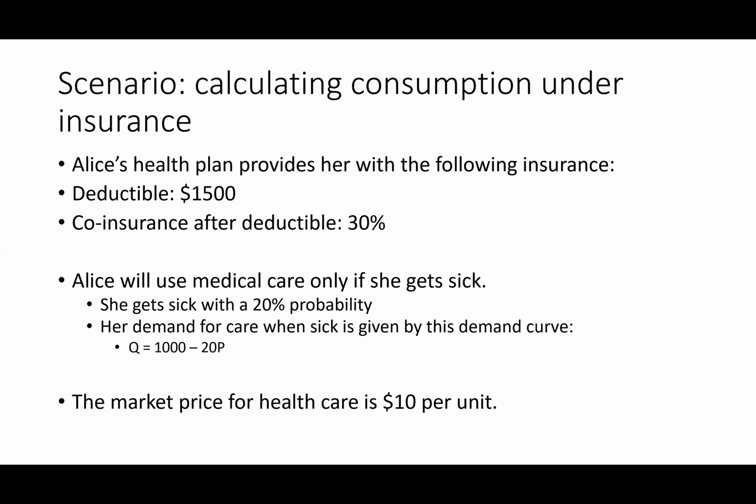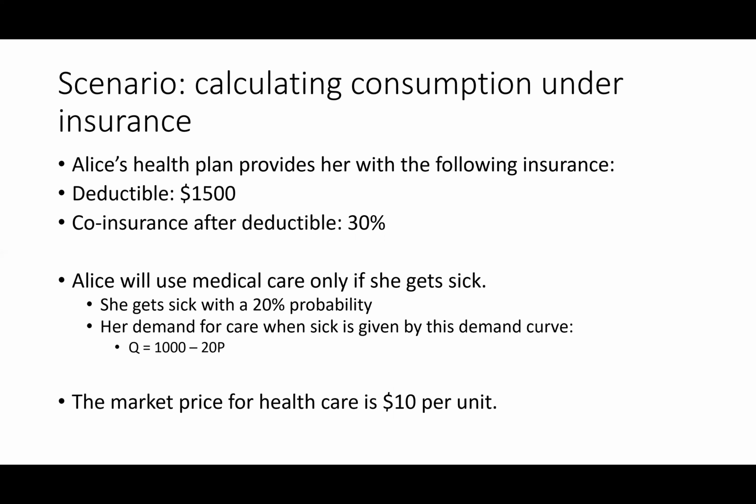So they're kind of off the hook for that. And then once you reach that deductible, once you've spent $1,500 of your own money, then the co-insurance rate means that whatever costs you incur, you are only responsible for this percentage of them. And in this case, Alice would only be responsible for 30%.